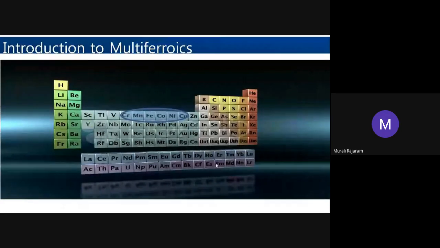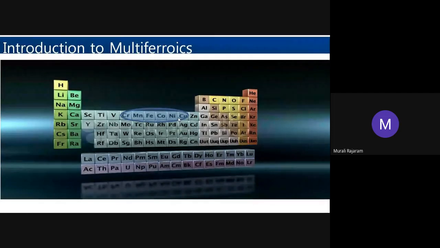As I said, having ferroelectric and ferromagnetic properties together in these materials is very difficult. In this periodic table, we all know that ferromagnetism comes mostly from this group of elements, mostly manganese, copper, cobalt, and nickel.